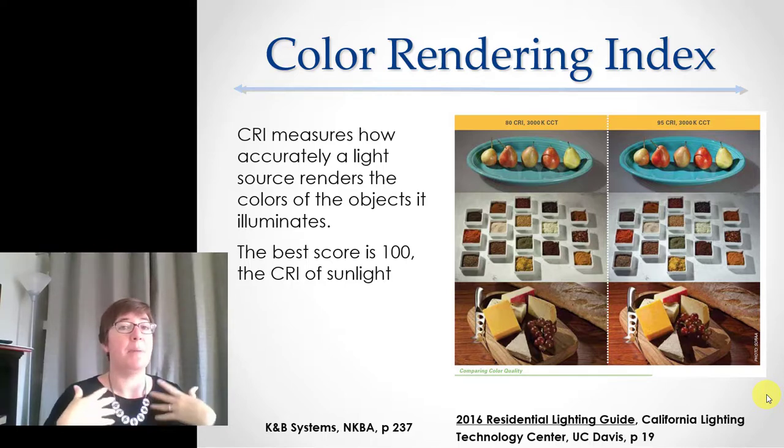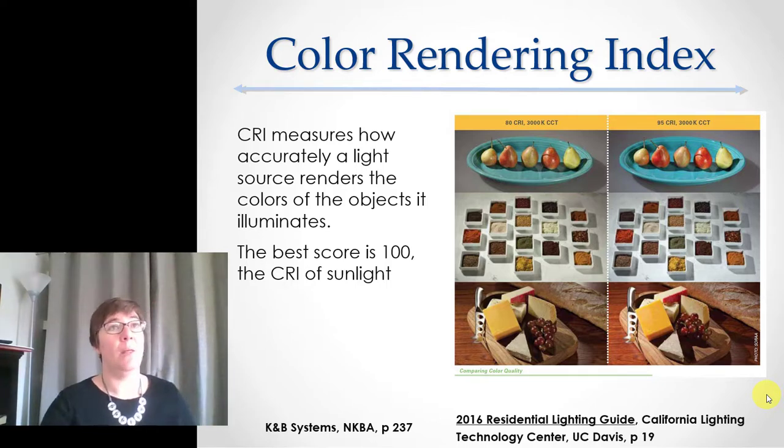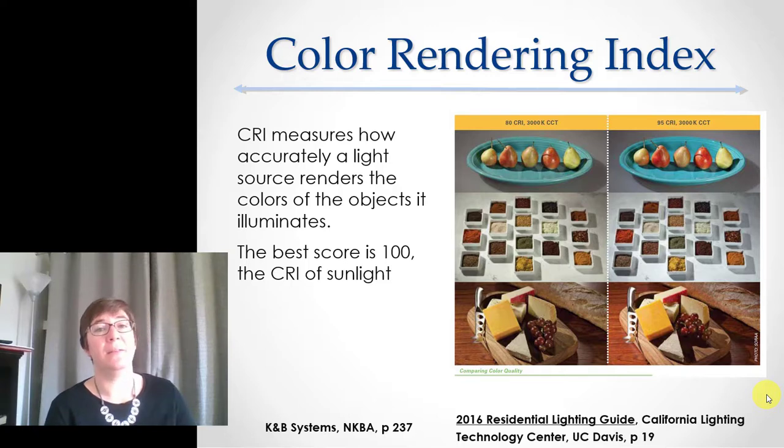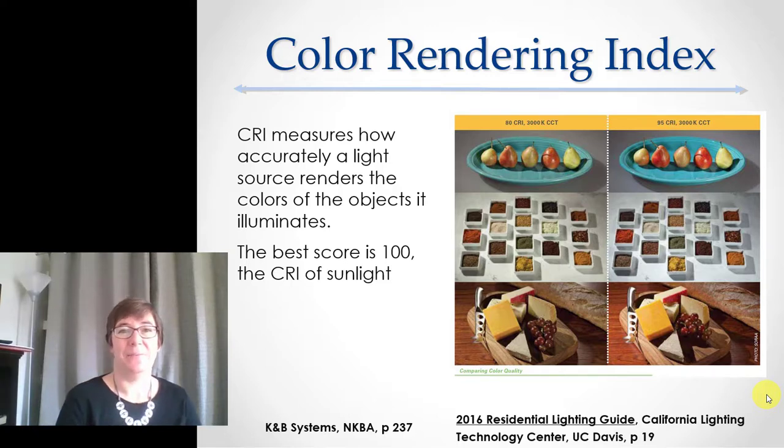With the makeup and the clothes, your ideal is that someone will get ready in your bathroom and then they'll walk outside and they will look the same. All right, you want them to be able to get ready using the same or similar color rendering index as if they were outside. Okay.